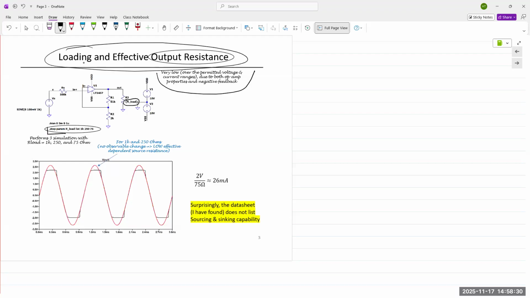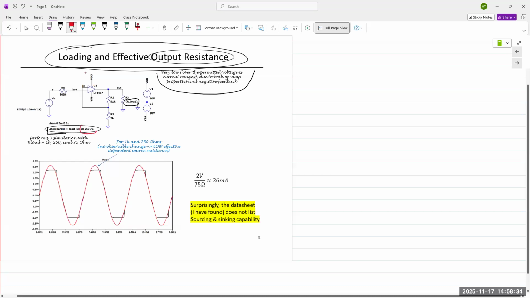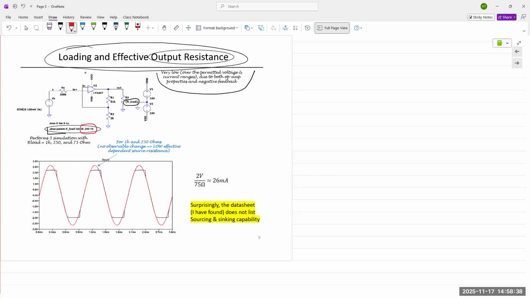For our load in this case, we are stepping it from 1K to 250 to 75 ohms. And LT-SPICE just simulates all three values. Okay, it simulates all three values.